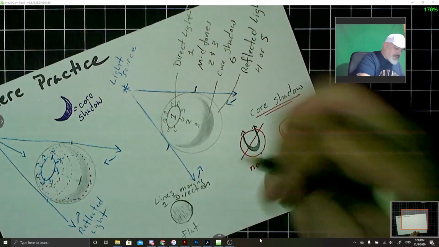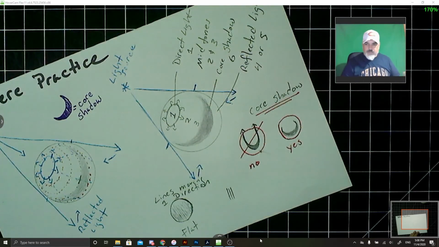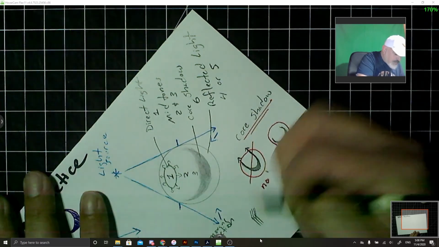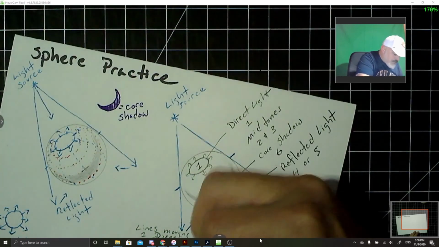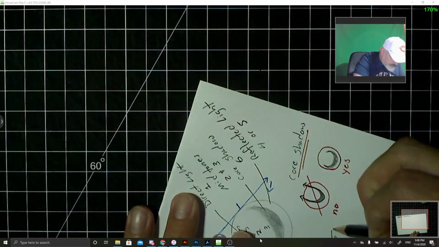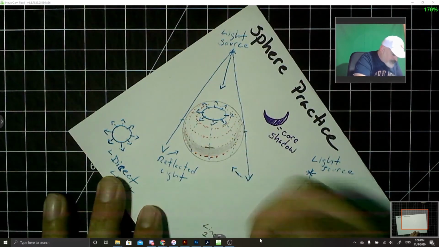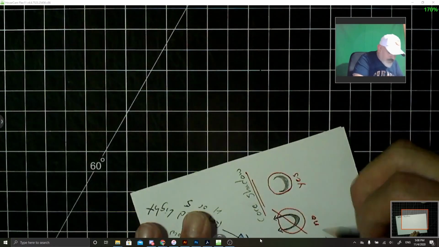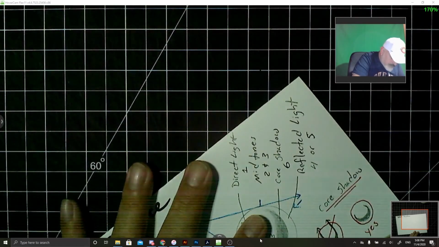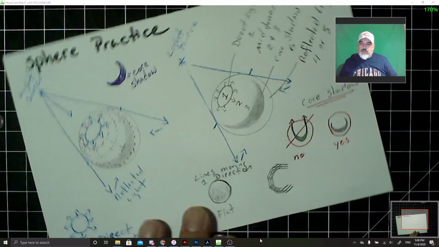So if I come in here and I draw a series of straight lines, those are straight. And then I come in and I start to change those angles. You're going to see that I'm going to get a curved object.